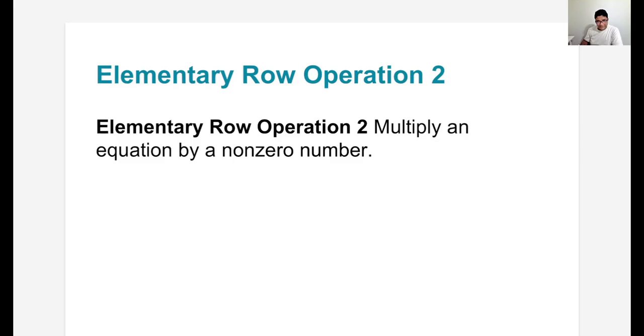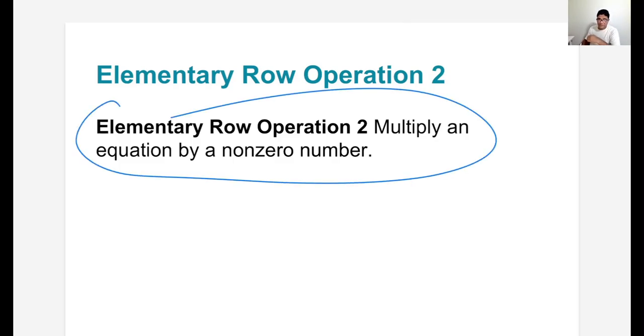What is the second row operation? Multiply an equation by a non-zero number. So there is an equation, and why do we do that? Oftentimes we do that so that I can cancel some of the variables later on. It is generally an intermediate step to do something else later, which will be to get rid of a variable.